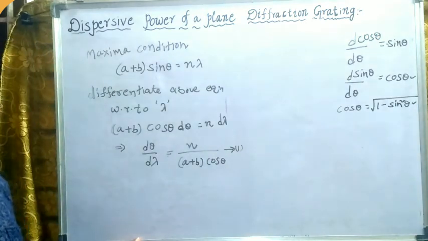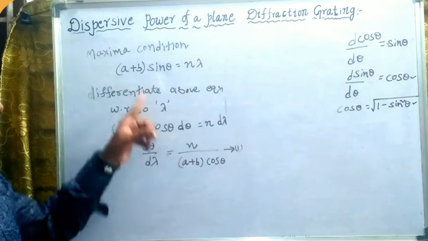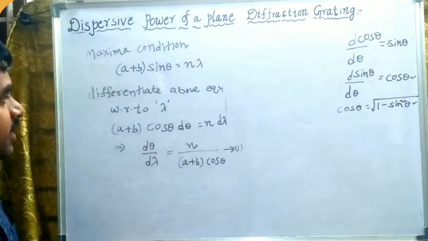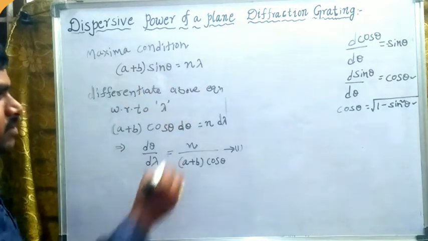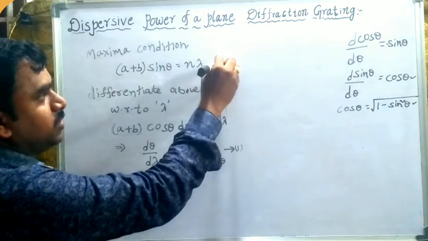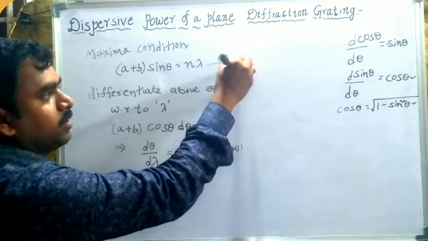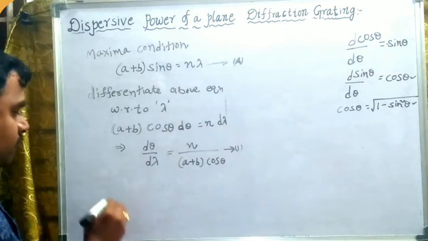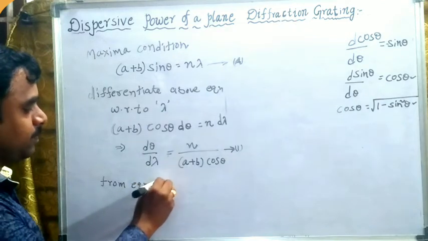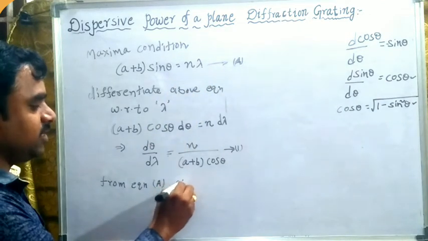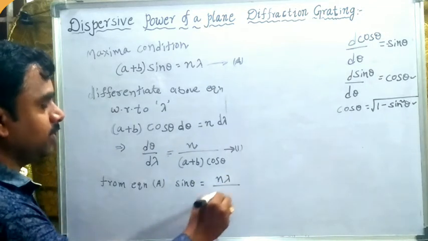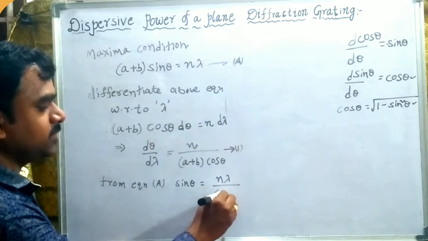Now our aim is to derive this formula in terms of the slit width and also the opaque distance. Regarding that, I am taking this equation, which we can call equation A. So from the above equation, sin theta equals n lambda by (a plus b).